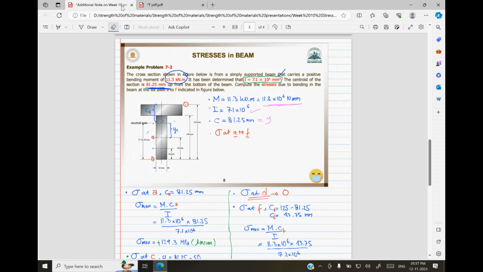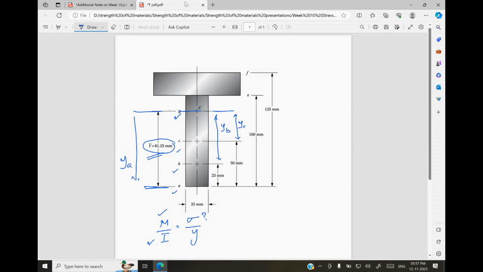Now he wants us to find out sigma, the stresses from A to F, from the beginning till the end. He wants it for all the points, right? That is from here, and then again this also he wants. At this level also he wants. Understand? I can call it YF, or we can even call it YC, whatever it is. And then again this distance also we have to find out, YE.